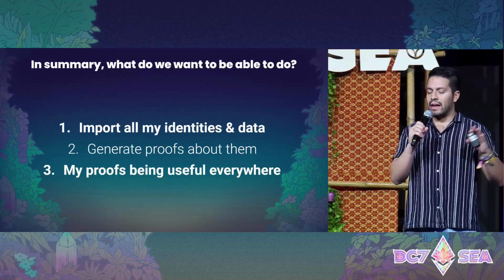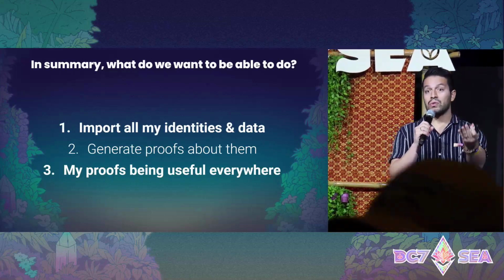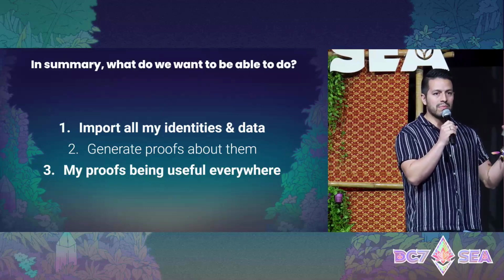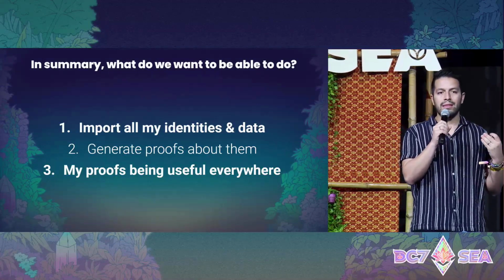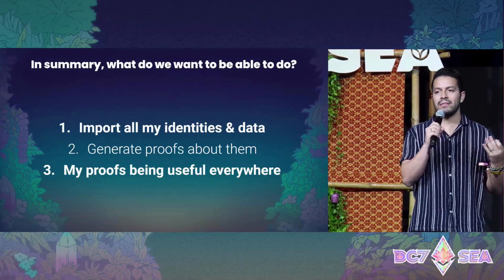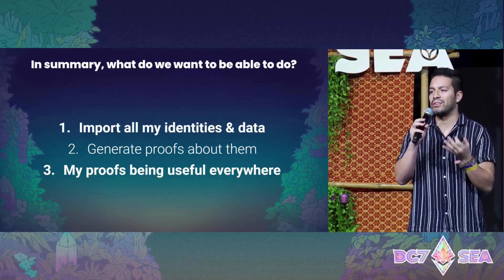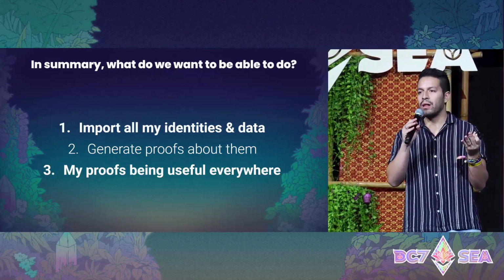The first, and the ones bolded, are things a user will typically do to leverage private identities. One is the capacity to import all my identities and data into a container. Let's call it a wallet for now.